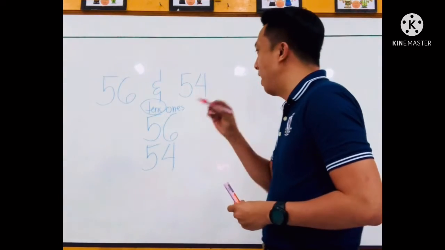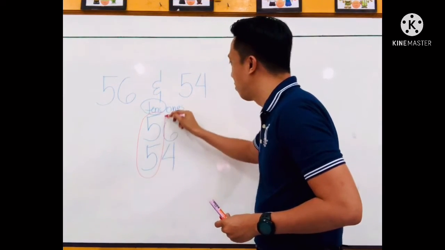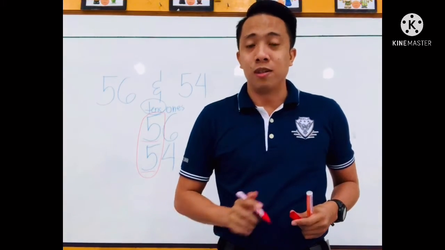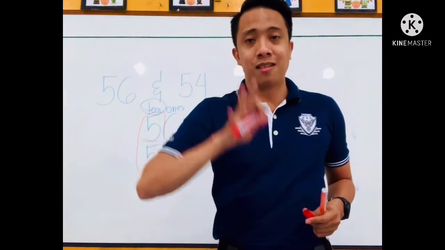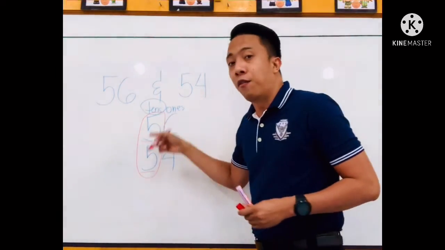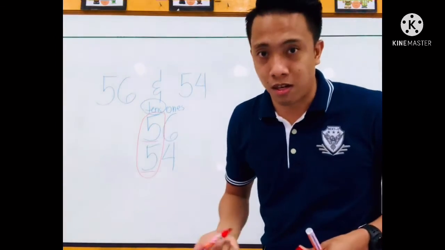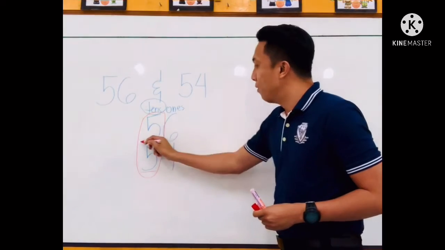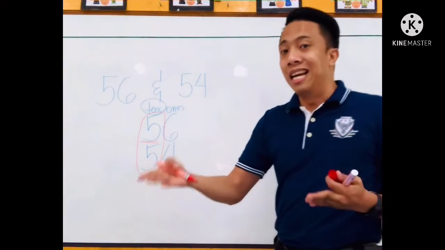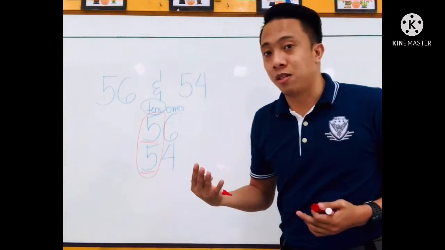This one, we have the digits 5 and 5. That's our second step. Our third step is we need to identify if the first two digits are the same or not. Since 5 and 5 are the same, we need to move to the other digits.